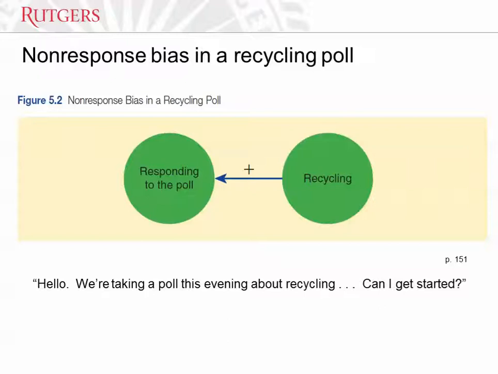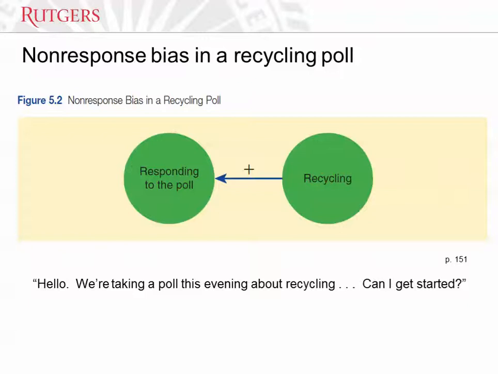It may be an overestimate of the rate of recycling because people who are enthusiastic and engaged in recycling already were more likely to respond to the poll. People who were hostile or apathetic about recycling were less likely to respond. So the propensity to respond is directly related to the thing that the survey is trying to measure.